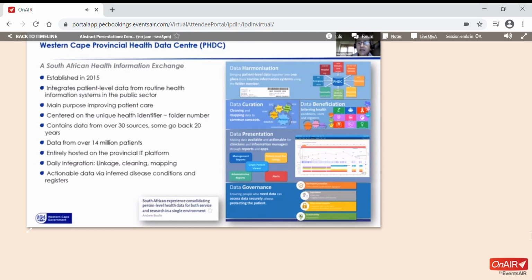Data are added daily, cleaned, linked, deduplicated, mapped to concepts, and stored securely. The linked data can then be used to infer health conditions and care cascades, mapping an individual's path through the health system over time. Tuberculosis is just one such condition. So more information about the system is available in another talk.